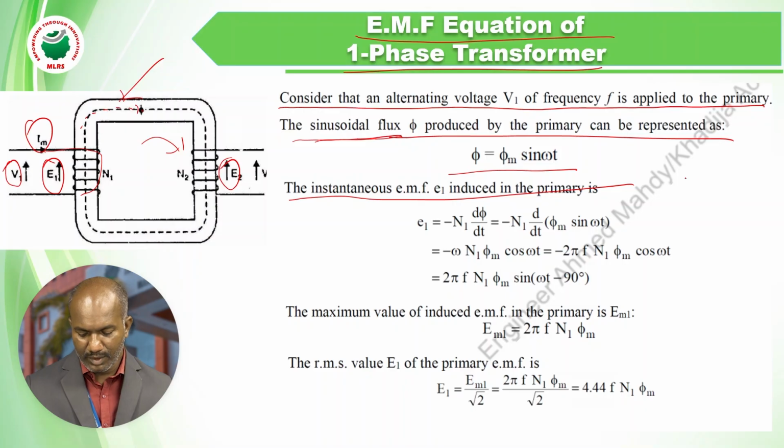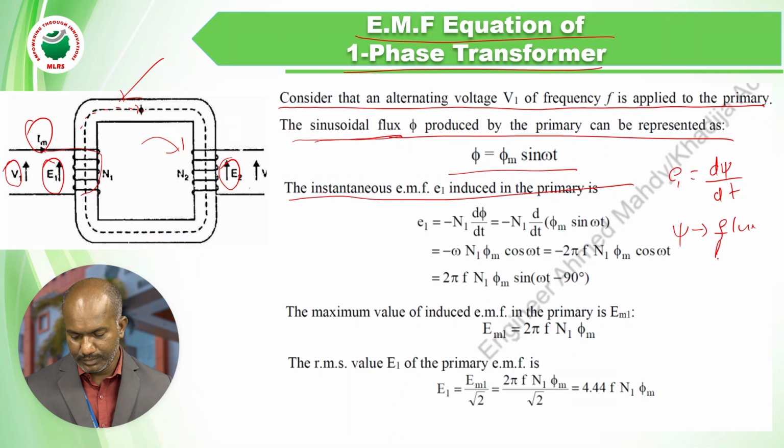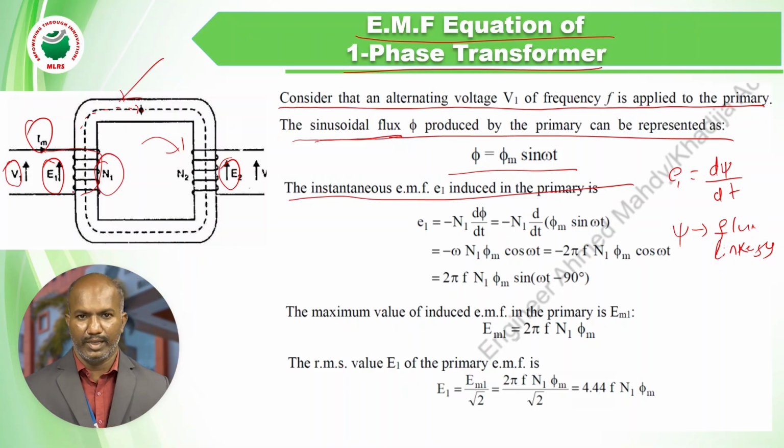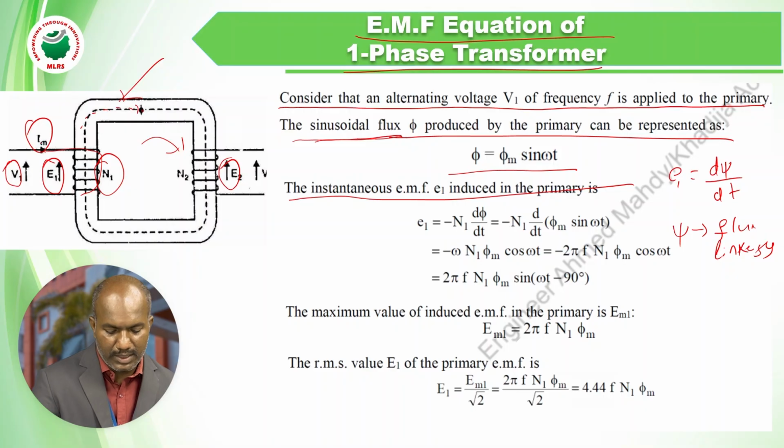So the induced EMF is given by E1 is equal to dψ by dt. Here ψ is the flux linkage. Let us suppose N1 is the number of turns of the primary. So this Im produces flux. That flux phi links N1 number of turns.